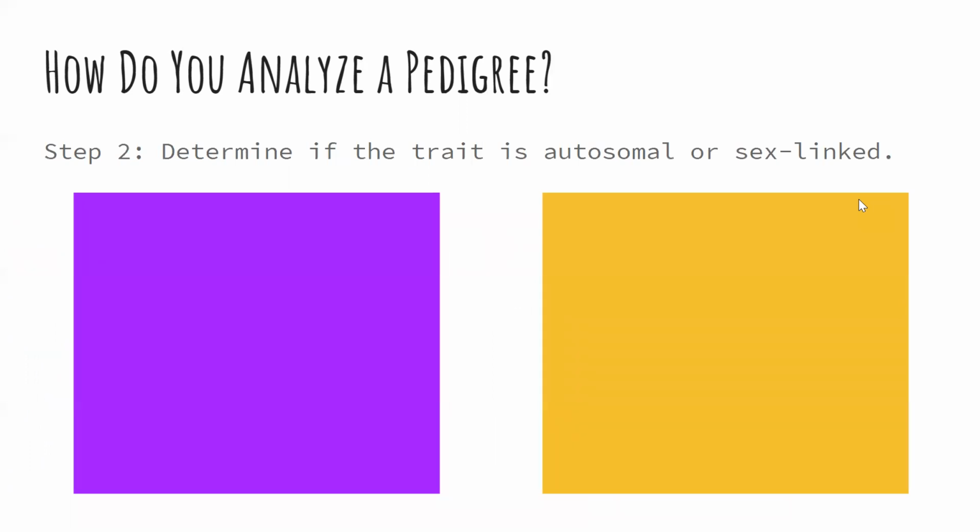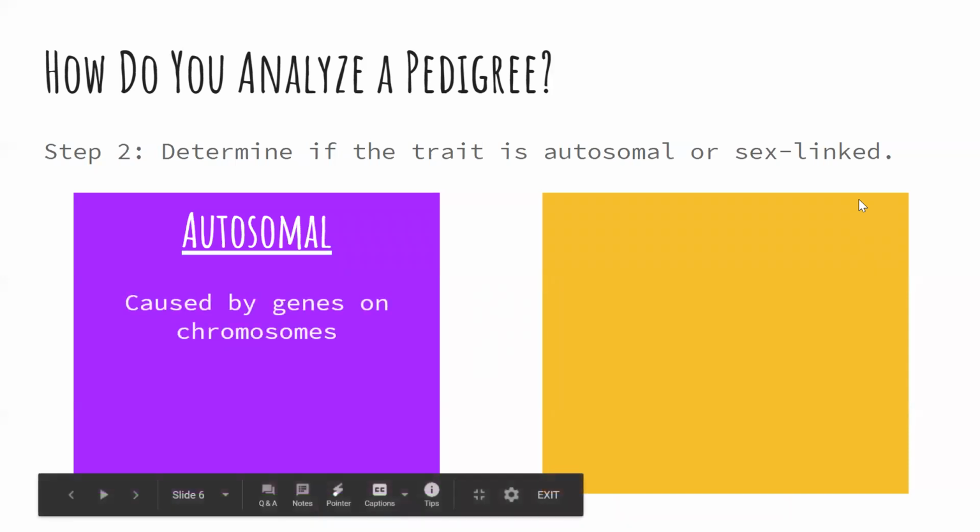All right, so the second thing we have to make sure we understand is whether the trait is autosomal or sex-linked. If you have not seen us talking about sex-linked traits in our Punnett squares, please go back and watch that video under inheritance patterns. An autosomal trait is caused by genes on chromosomes 1 through 22.